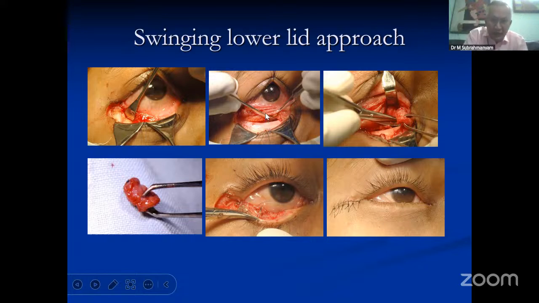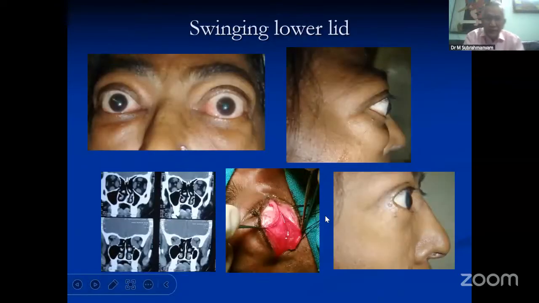Or if it is a lesion in the peripheral surgical space, you can incise the periosteum over the lesion and work in that. So the tumor is held with forceps and the tumor has been removed. The conjunctiva that has been incised is repaired again, and the canthotomy cantholysis is repaired with interrupted sutures. This is swinging lower lid.